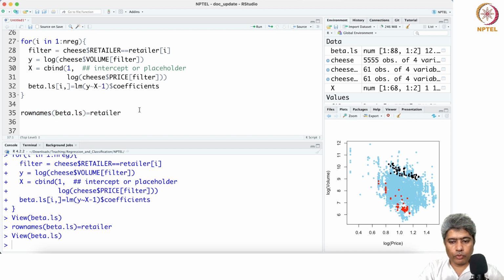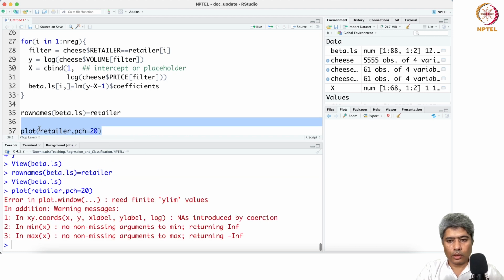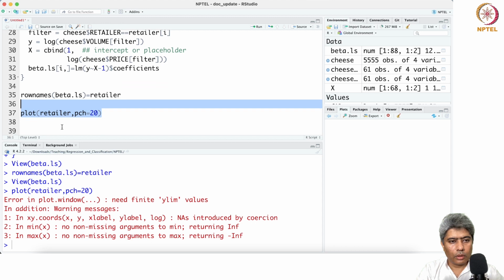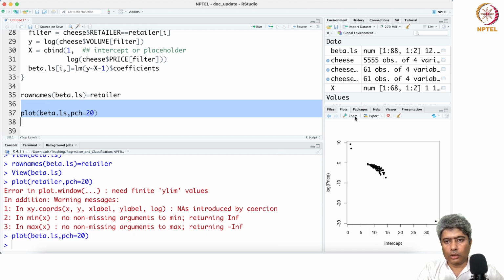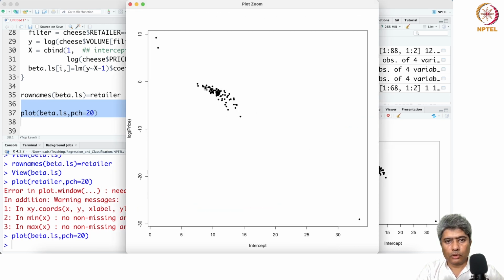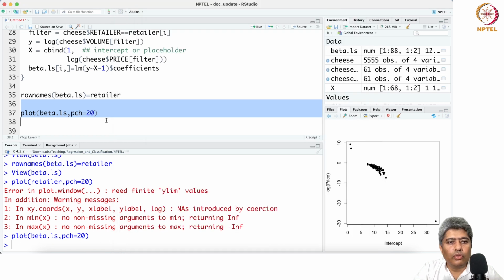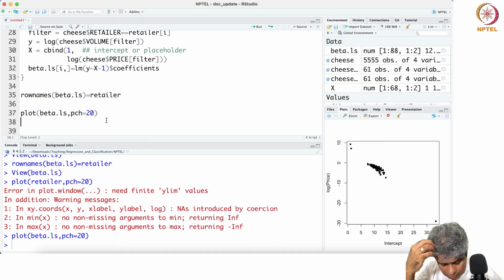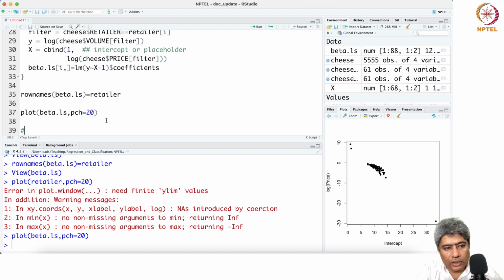Now if I plot beta.ls, pch equal to 20, these are the typical coefficients. There are two outliers here and one outlier there, so we have to do a little bit of outlier analysis later.